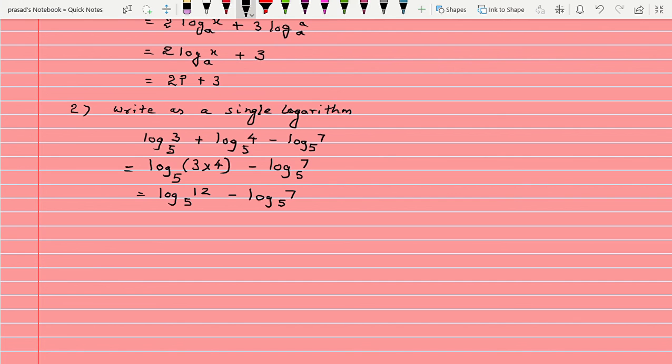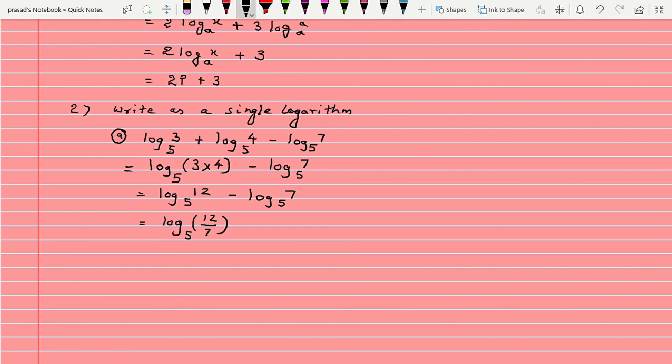And now use the quotient rule. Log of A minus log of B will be log of A upon B. So I can write this as log 12 divided by 7 to base 5. Log of 12 to base 5 minus log of 7 to base 5 will be log of 12 upon 7 to base 5. So this is how you can write this as a single logarithm.